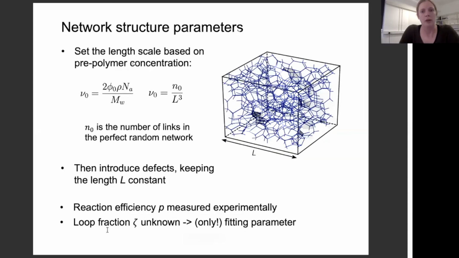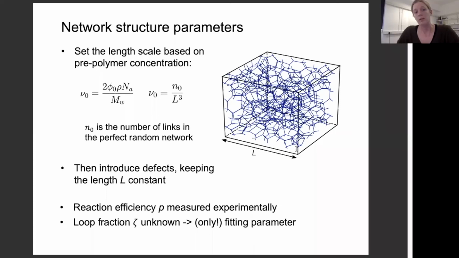For the network next, we need, of course, to adjust the amount of defects in the network to reproduce the experimental trends. Regarding the density, starting from the preparation volume fraction, we can estimate the density of chains that we would have if all the chains were reacting. That allows us to set the box size.